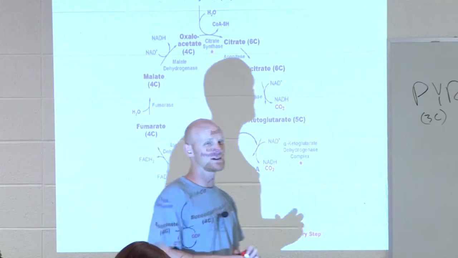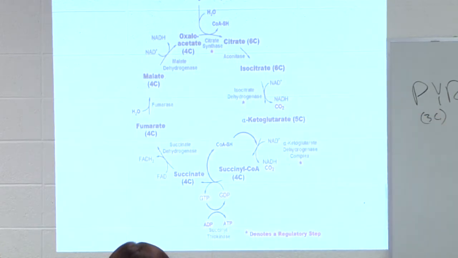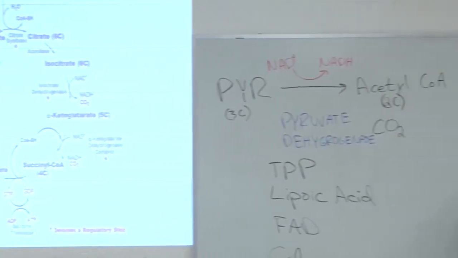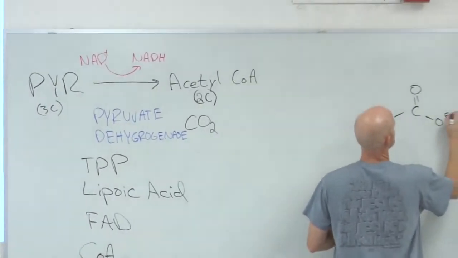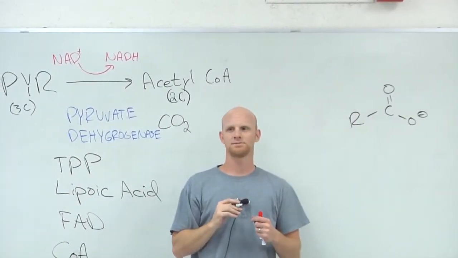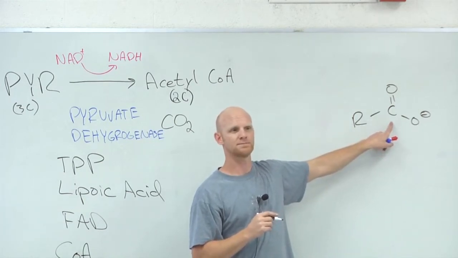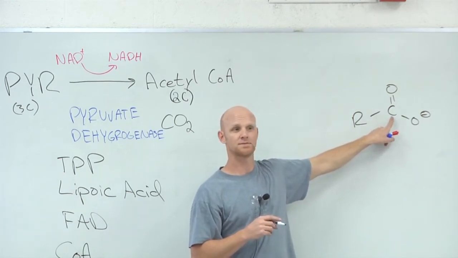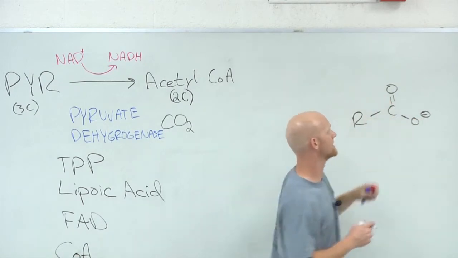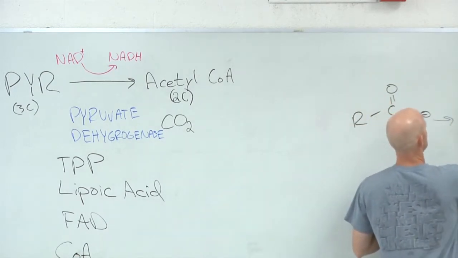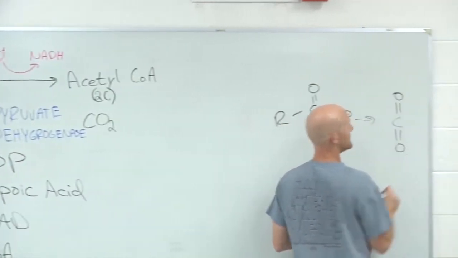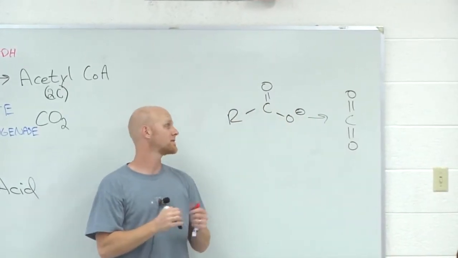In a carboxylate, how many bonds does carbon have to oxygen in the carboxyl group? How many bonds to oxygen from that carbon? 3. 1, 2, 3. So if we're undergoing decarboxylation, how many bonds to carbon from oxygen now?